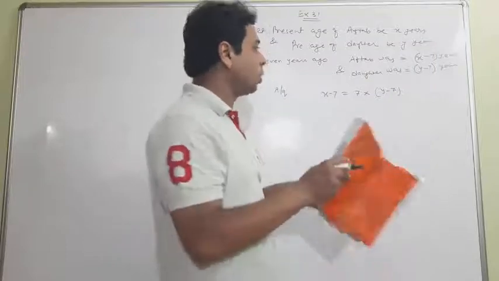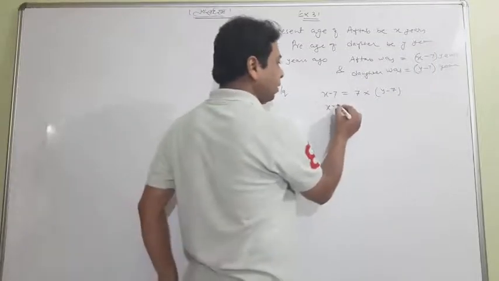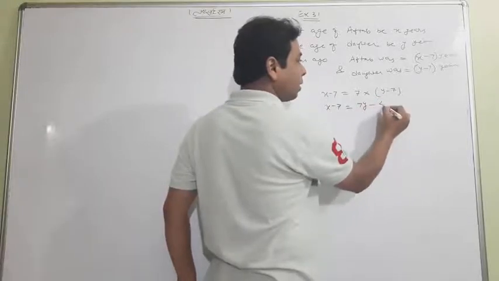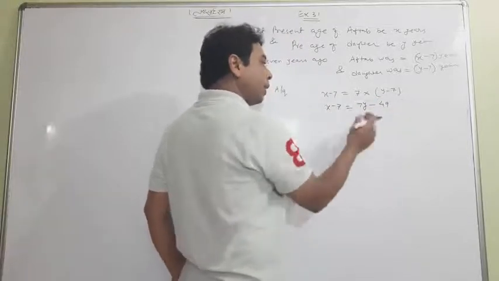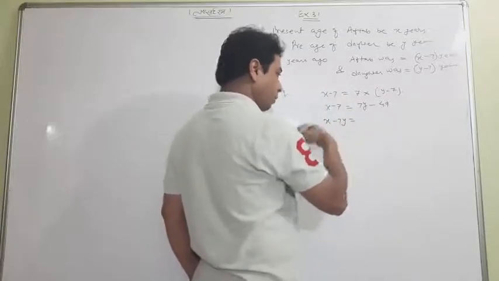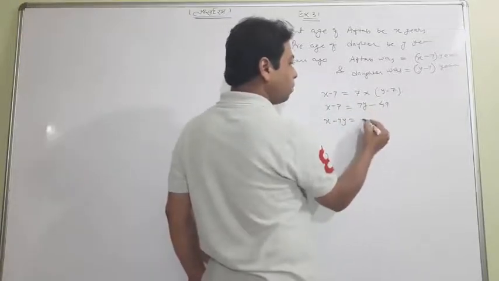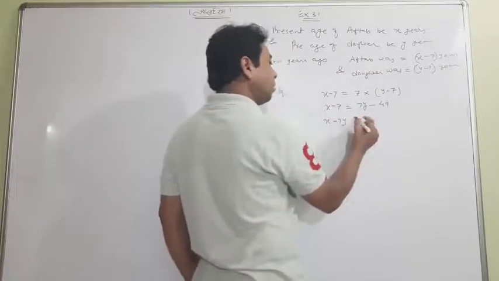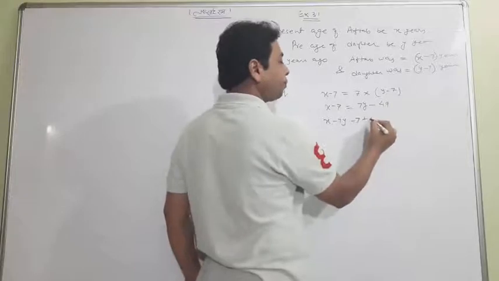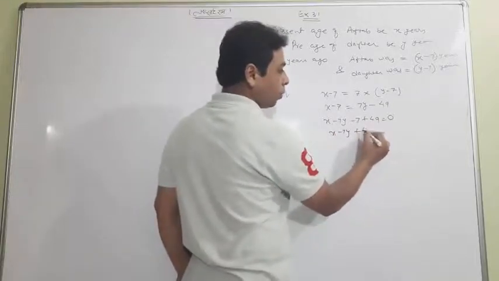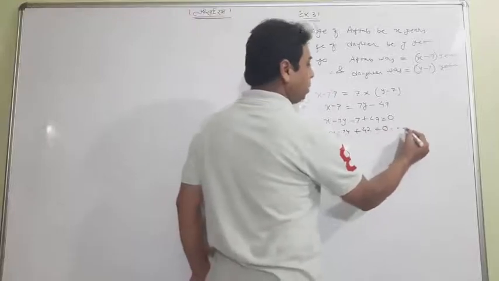So the equation is x minus 7 equals 7 times (y minus 7). 7 times 7 is 49. Now arrange it: transfer 7y to the left-hand side, giving x minus 7y minus 7 plus 49, so lastly x minus 7y plus 42 equals 0. And it is the first equation.